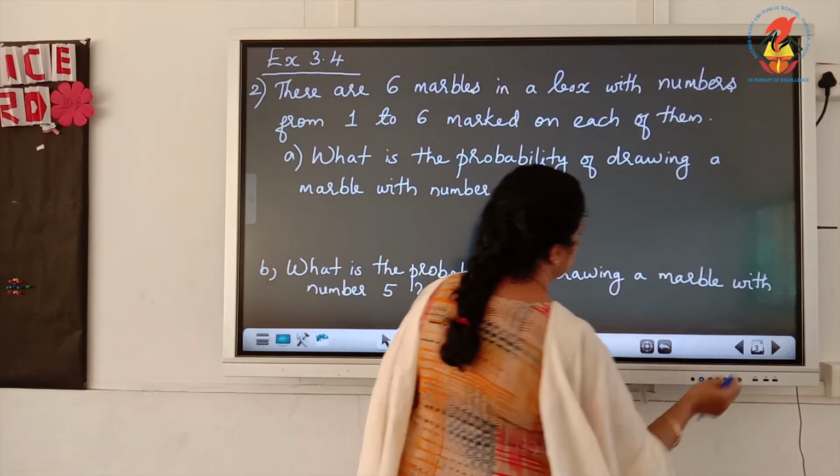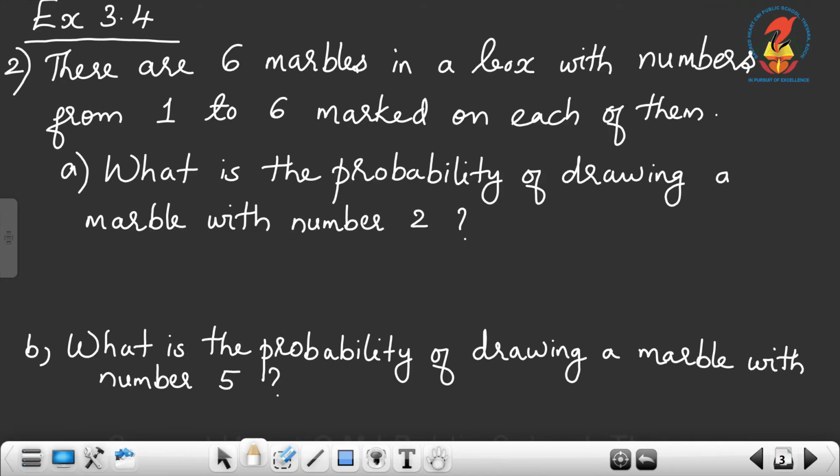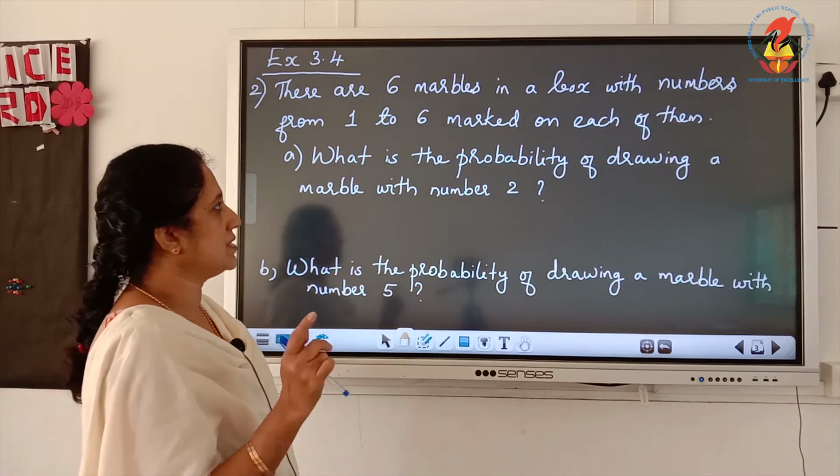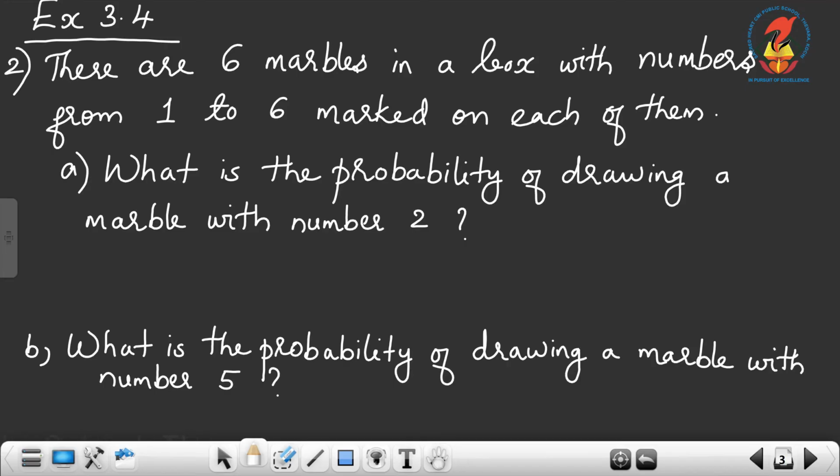Now exercise 3.4 question number 2. There are 6 marbles in a box. So, total number of marbles in the box is 6, with the numbers 1 to 6 marked on each of them. So, each marble is marked from 1 to 6. And the first part of the question, what is the probability of drawing a marble with the number 2?